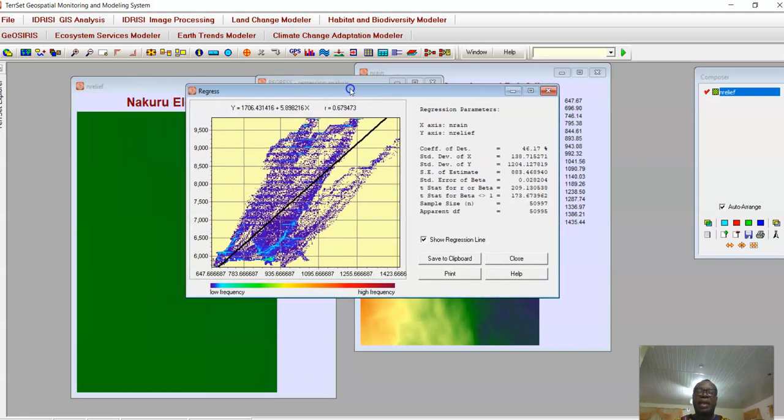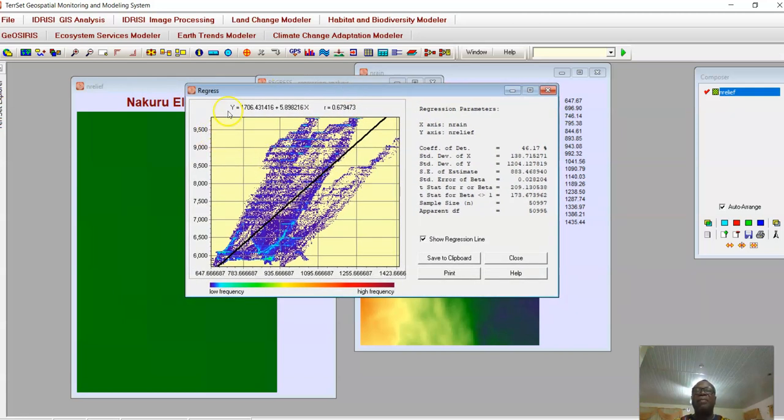We are familiar with this kind of analysis, where you have the Y, which is dependent on the X. Y is determined by the X. We have Y is equal to a plus bx, where a is a constant and b is the coefficient.